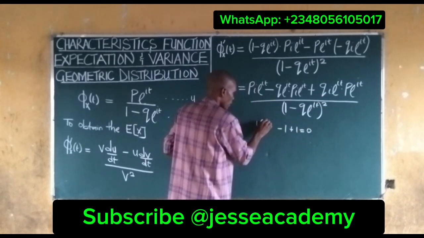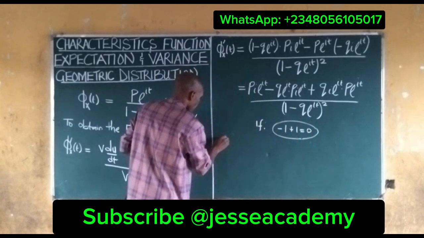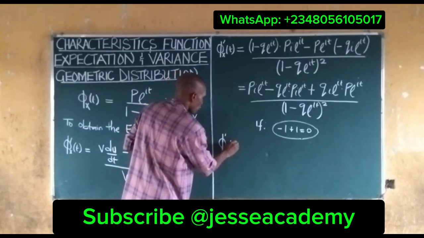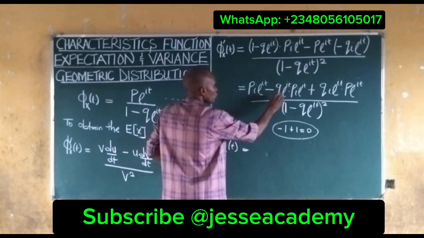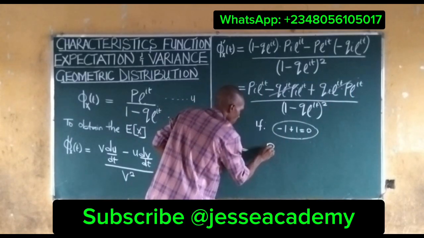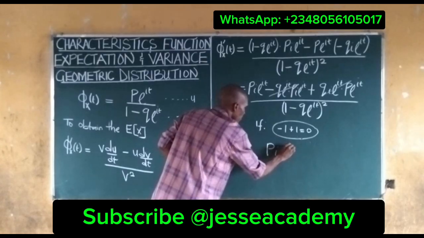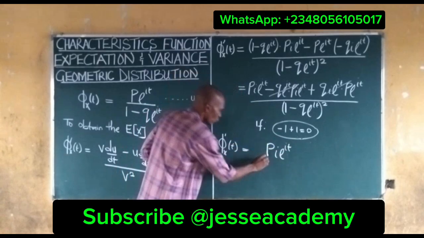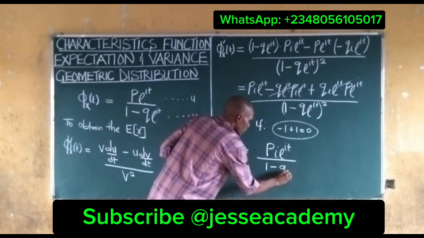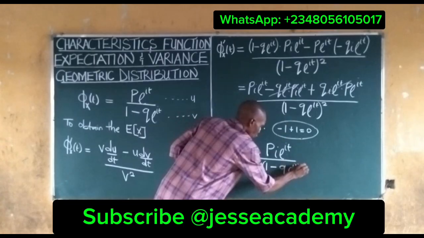So if this holds, it then means that our derivative of the characteristic function for t is equal to, this will cancel this to give us p i e^(it) all over 1 minus q e^(it) all squared.